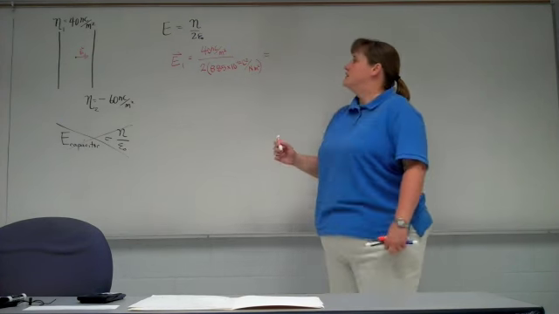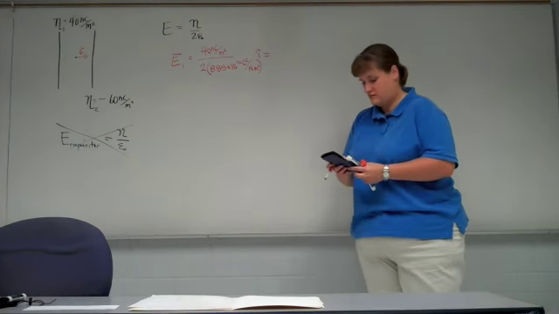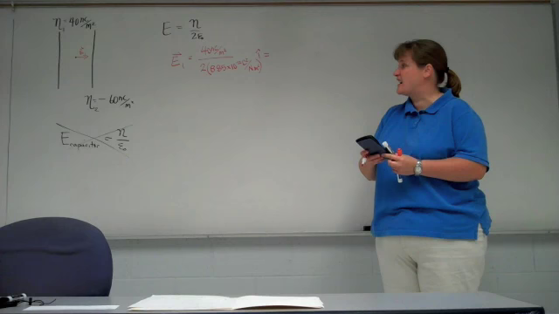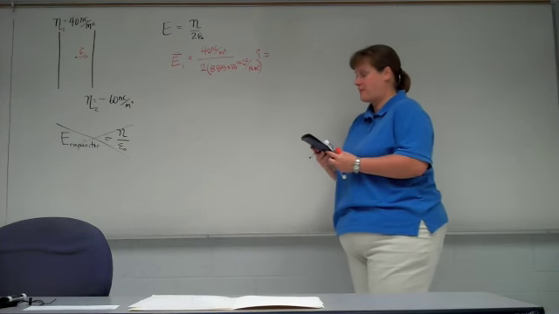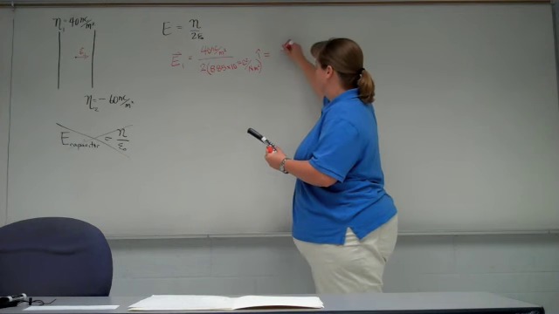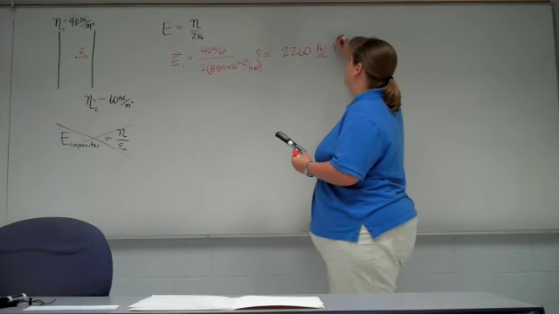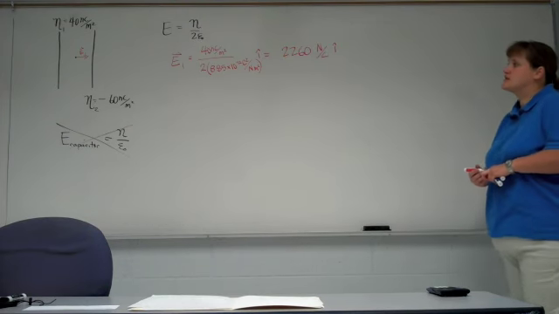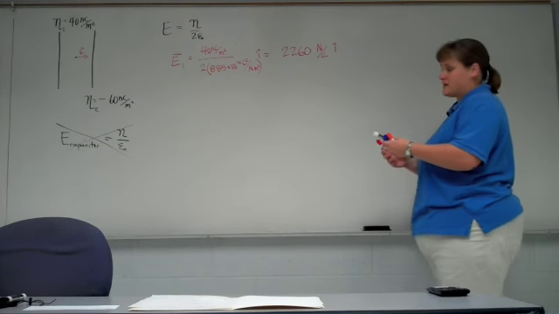And in this case, it's in the x direction. So you need to put in 10 to the negative 9 for the nano. So E1, the electric field due to plate 1, is 2,260 newtons per coulomb, and it's in the positive x direction.